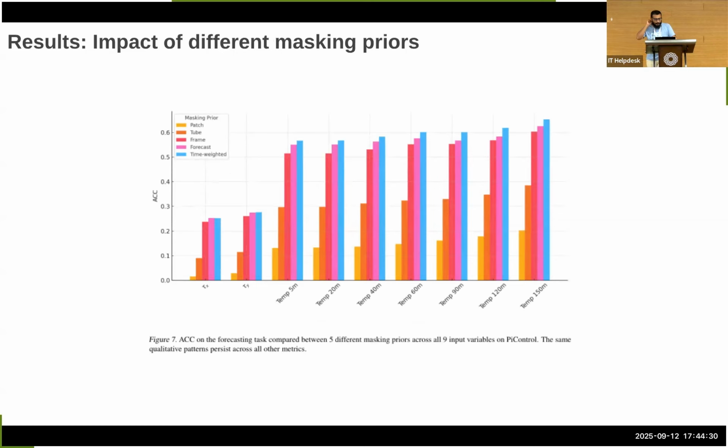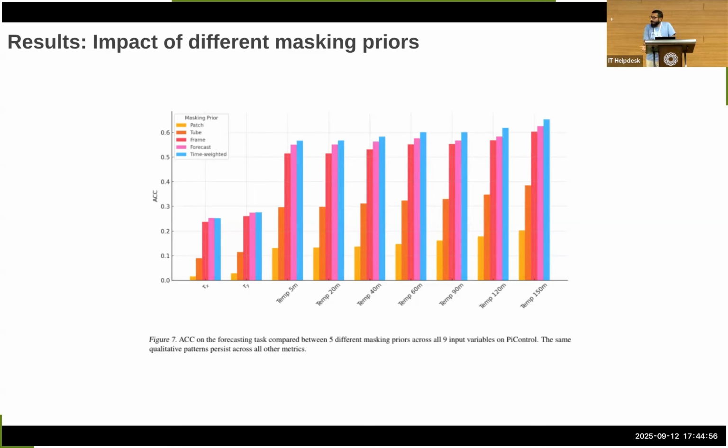This is something that we do. When we mask the input data to do this self-supervised learning, we have different choices of how you want to mask. You could mask out one patch, or, because our data is like 3D volumes, you could mask out these kind of tubes, or you could just use random masking.